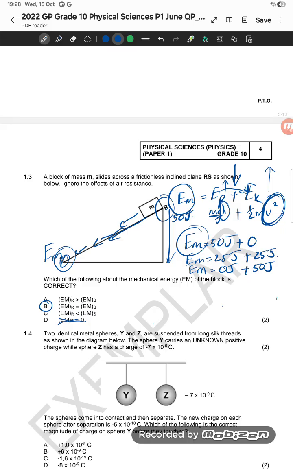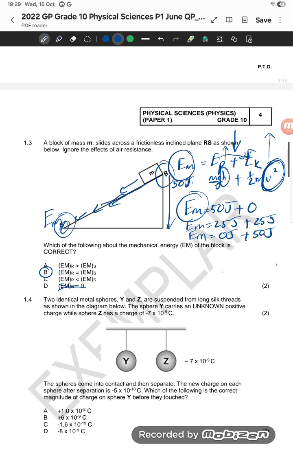It's just, grade 11 is just an extension of this. 2 identical metal spheres, okay, so they're identical, suspended from long silk threads. As shown in the diagram, the sphere Y carries an unknown positive charge, while sphere Z has a charge of -7 times 10 to the -9 coulomb.